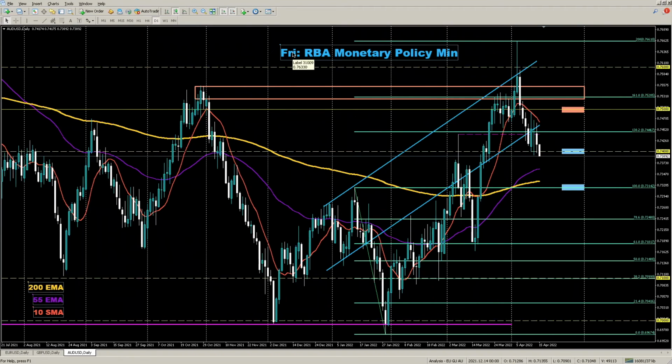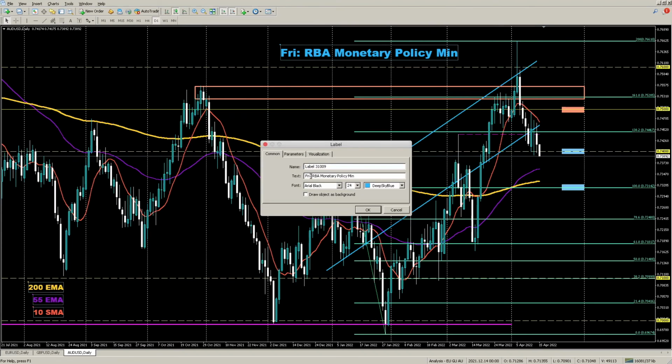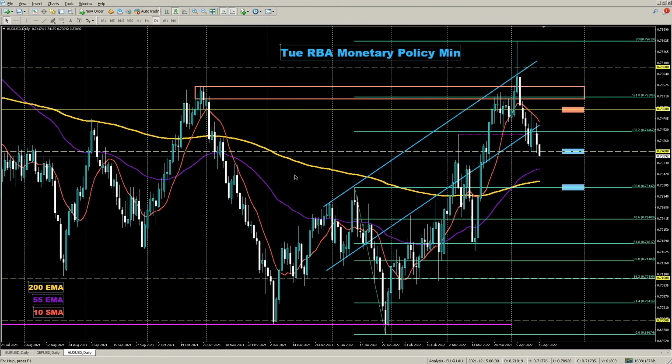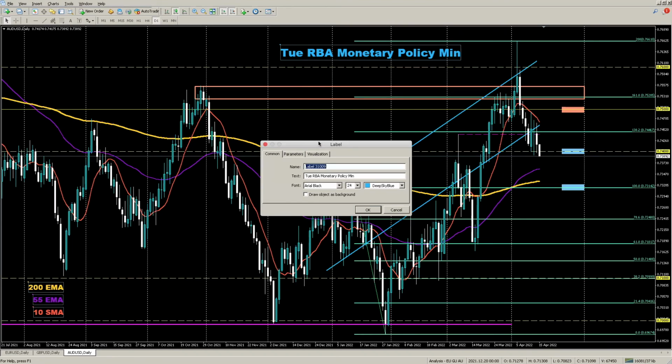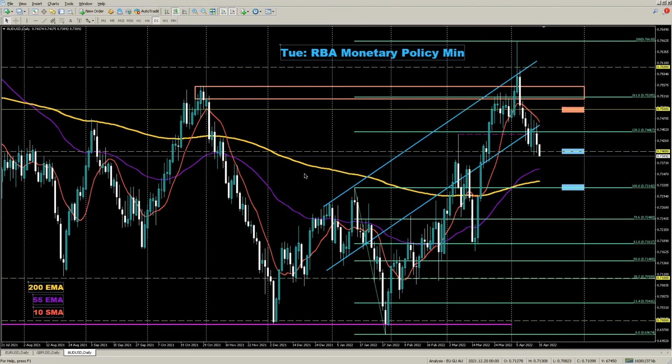It should be on Tuesday. So that's the only key news for the Australian economy. And although it does have some flash PMIs on Friday as well, it's usually quite minor.